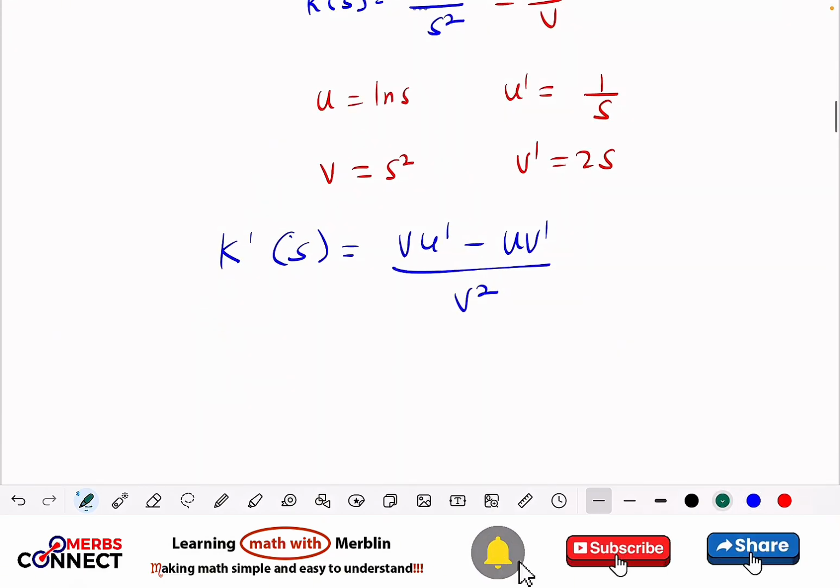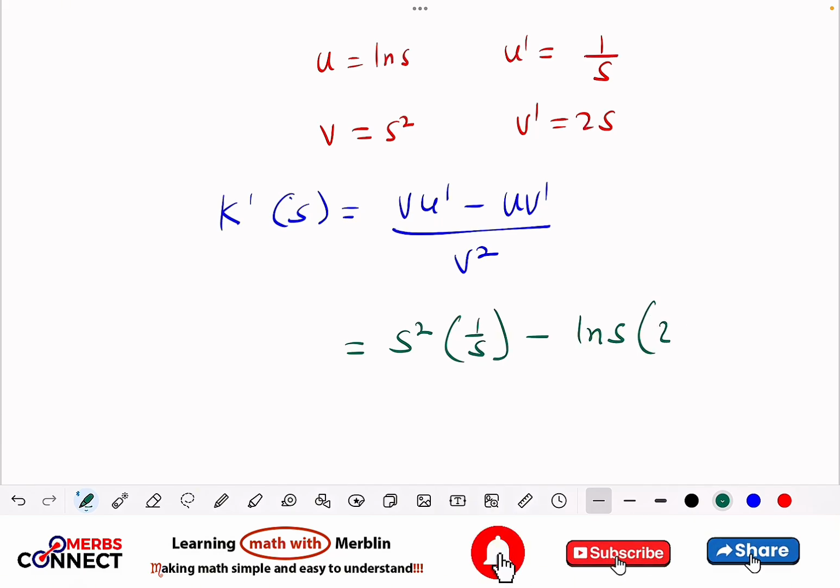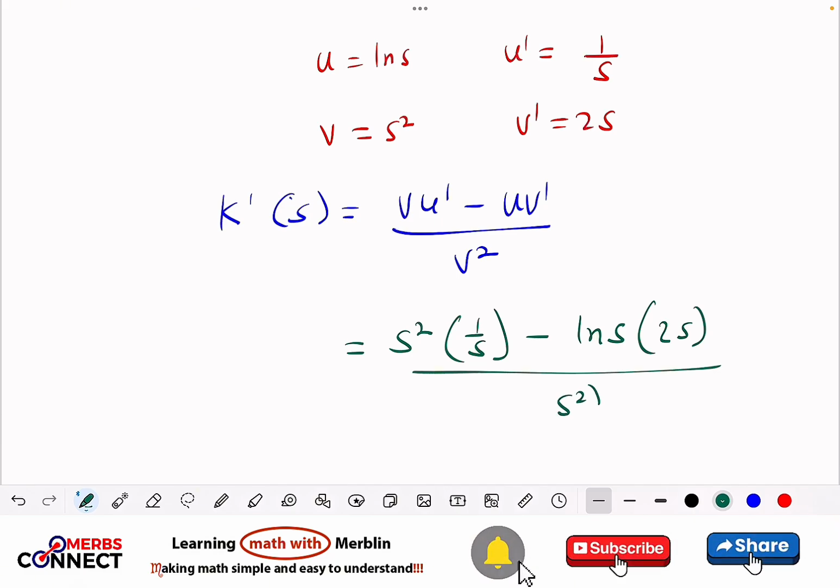So this is going to give us x squared times 1 over x, minus ln of x times 2x, divided by x squared, all squared.